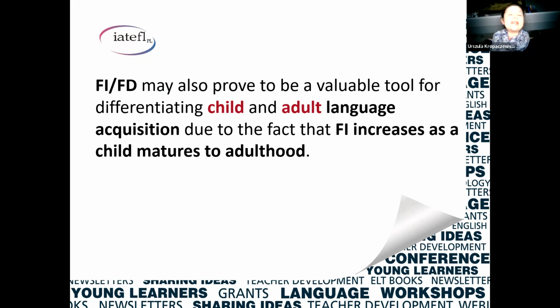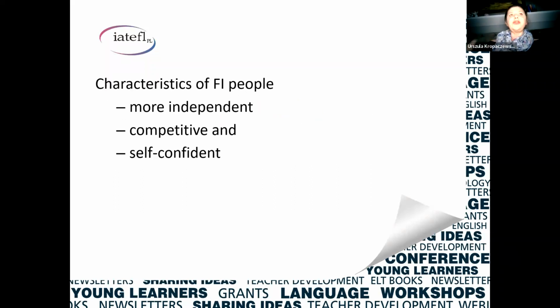The good thing is that when we are smaller, we are field dependent, and when we are getting older, we become more field independent. But we teachers can make the process faster, and maybe not with children, but we can make teenagers feel like independent language learners.